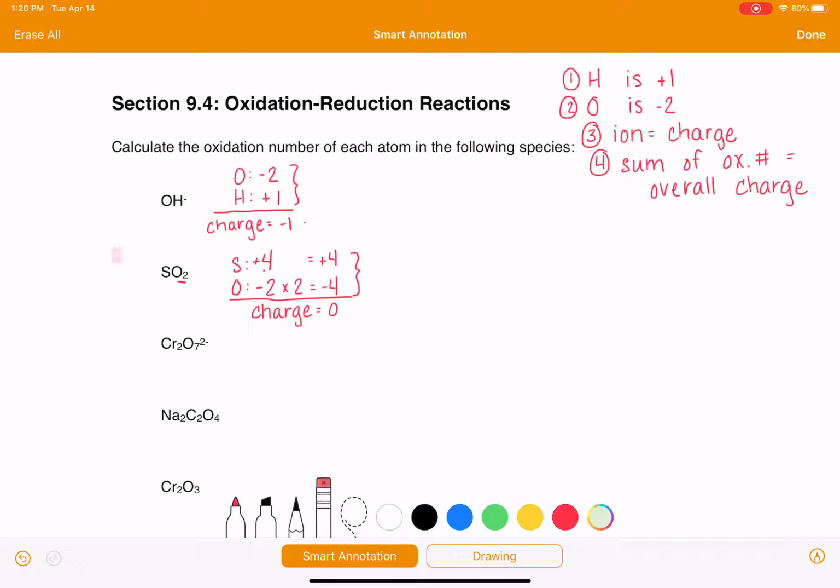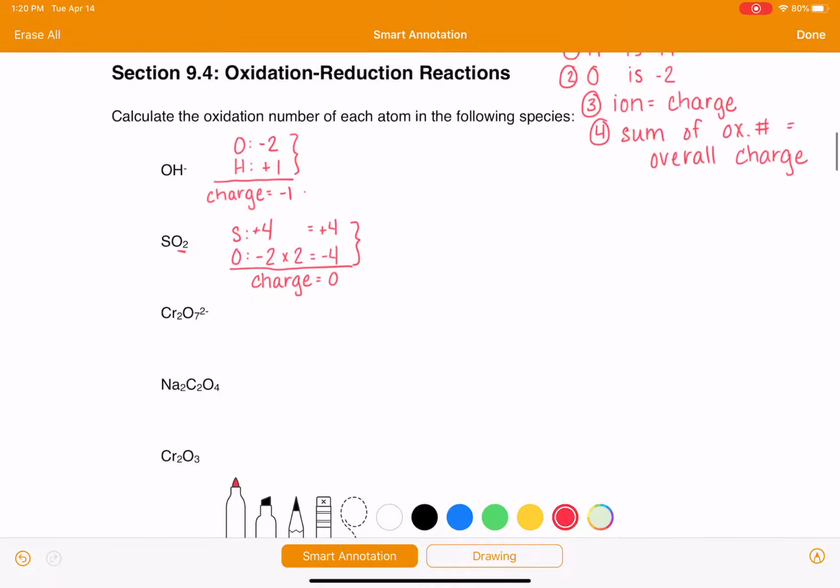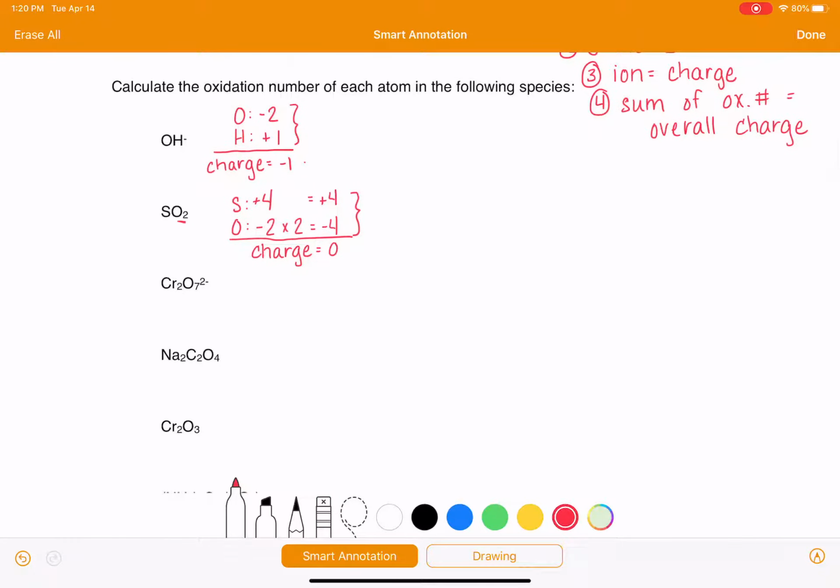Probably the reason why I love this chapter so much is because it's got a lot of really easy algebra in it. So let's do this Cr2O7 2- next. We have chromium, we have oxygen, and we have an overall charge of 2-. So we know that when we add these up, they're going to equal -2.